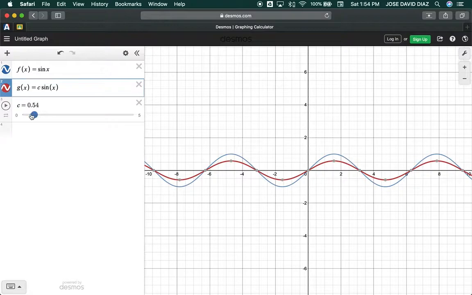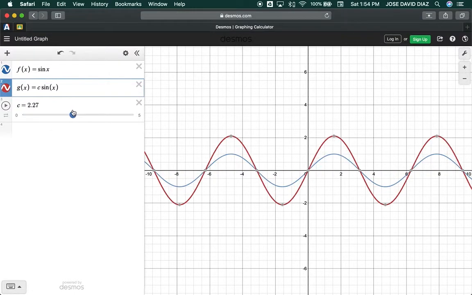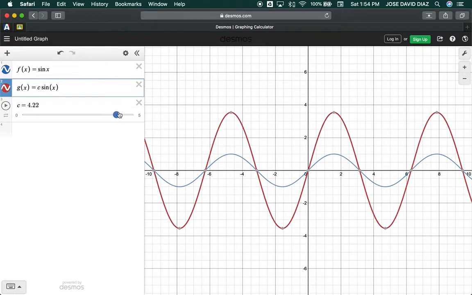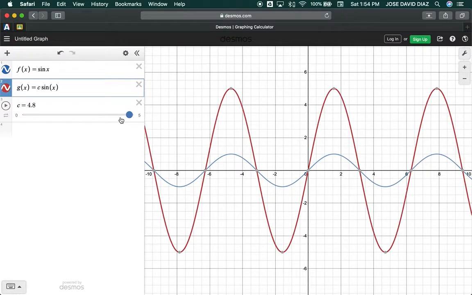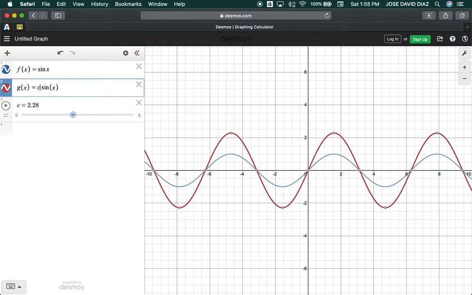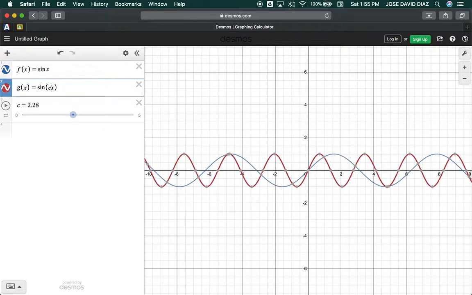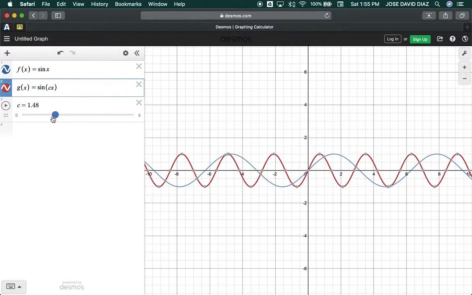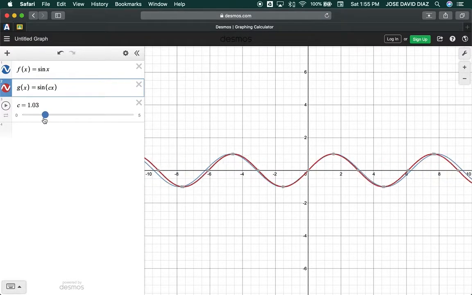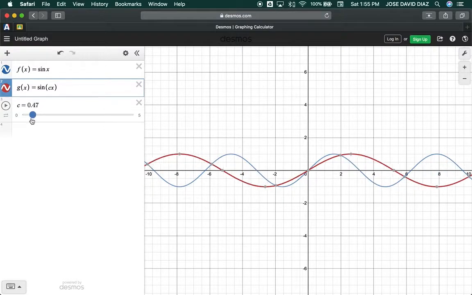Notice that if it's smaller, it's a vertical shrink. Bigger, you can see a vertical stretch. Now, if I place my c inside, and I place this into a 1, 1 is the same. If it's smaller, it's going to be a stretch, and you can see the stretching. Visualize it.